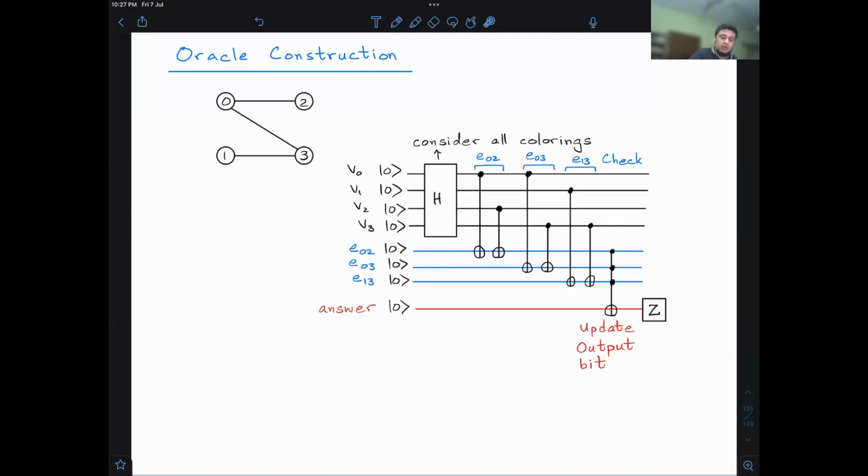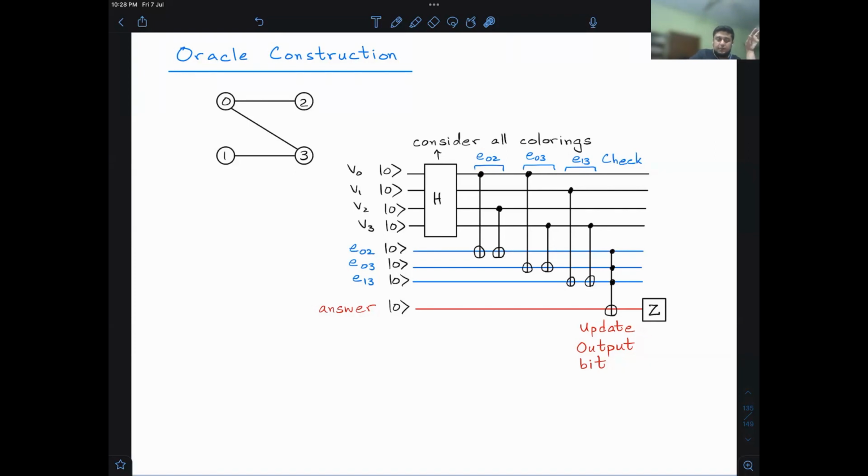If all three of them are 1, flip the answer qubit. So this will become 1. Now I apply the Z gate on it, and this introduces the minus sign in front of it. Hey, that's really nice. That means when I identify a valid cut, I've been able to identify it with this minus sign. That's really the crucial thing for the oracle in front of my qubits.